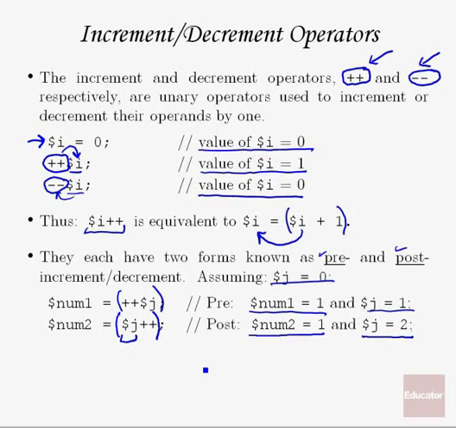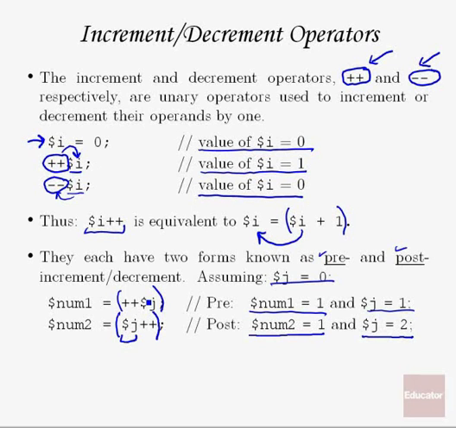Typically, you don't see the post one as often. Typically, you see the pre-increment one, because it's a little less confusing. When you use the post-increment operator, I personally don't like using it in my code because it makes things a little less intuitive, and it adds some complexity to your code because you have to think, well, is this setting the value before I've incremented it or after?